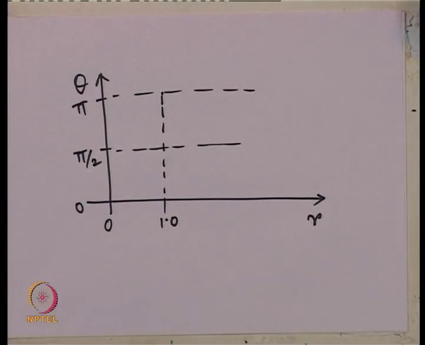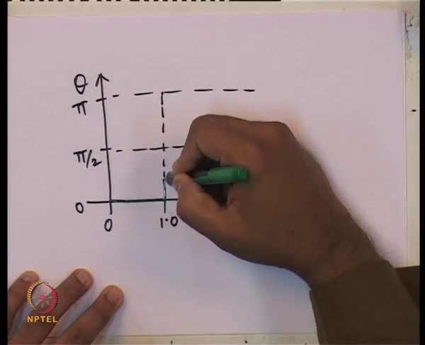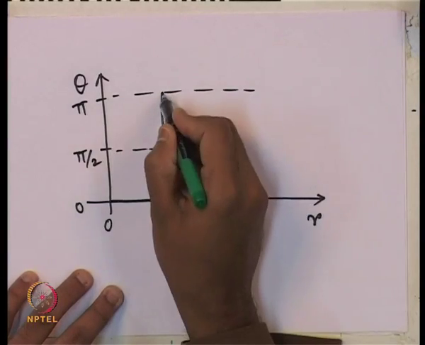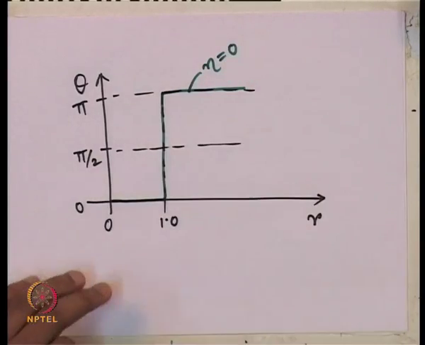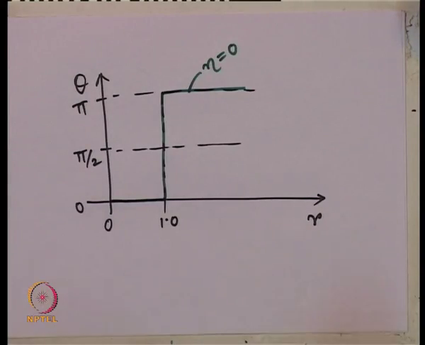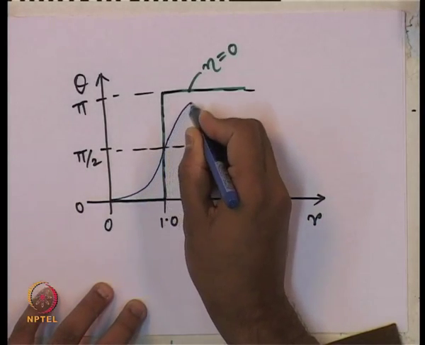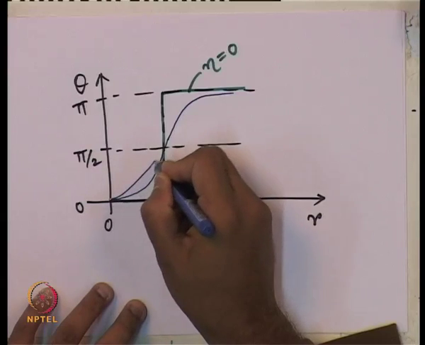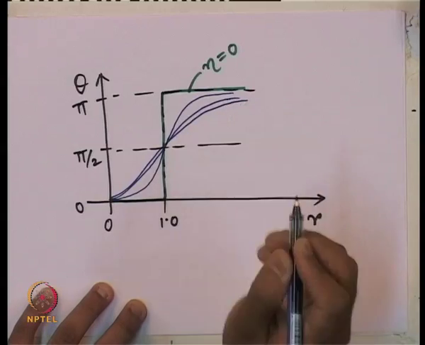At eta equals to 0, that is the undamped case, it follows this. So, this is my curve for eta equals to 0, and for eta non-zero, it follows this trend.